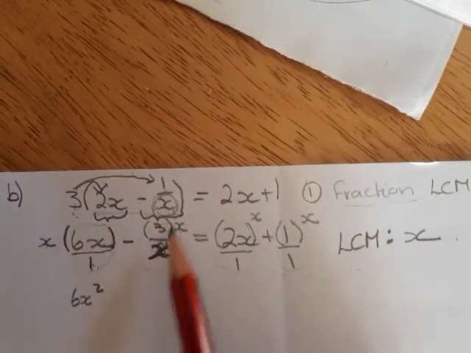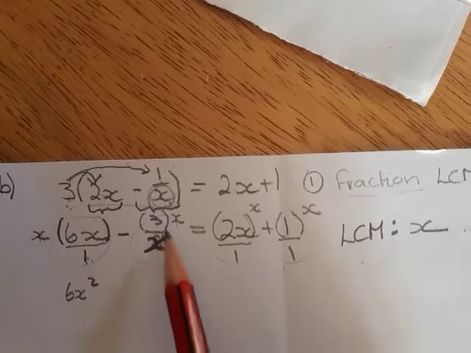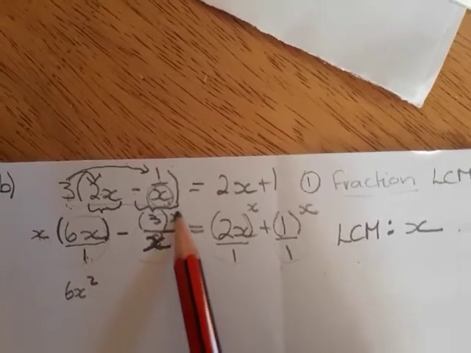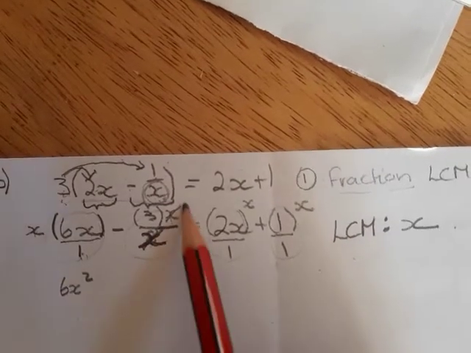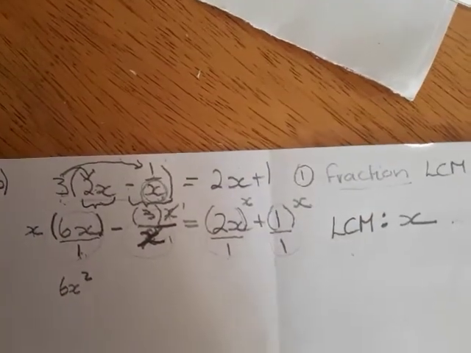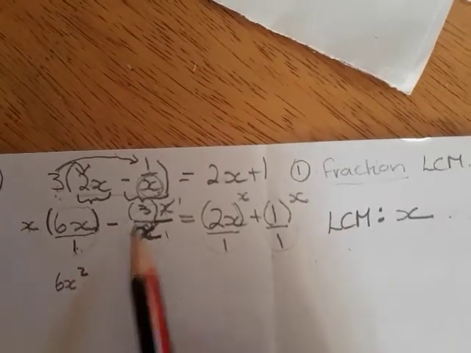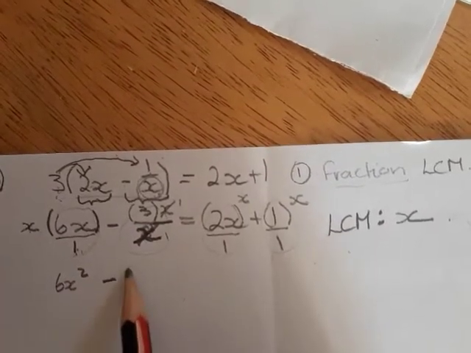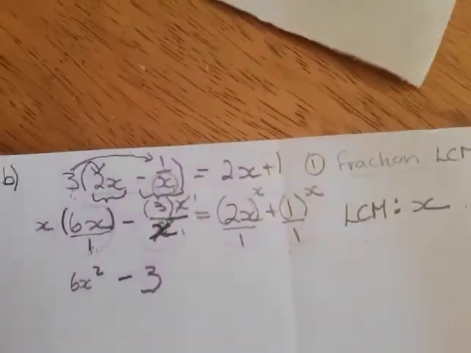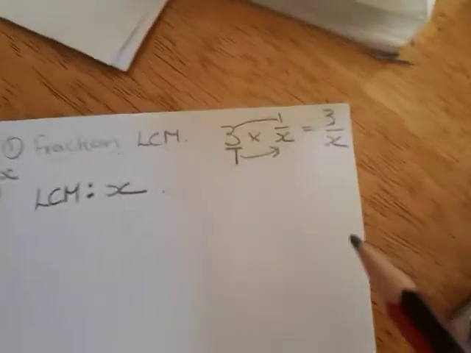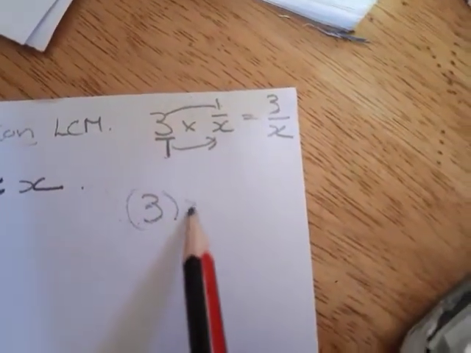Now, if you look at your second term, 3 over x times x. So x divided by x. Remember, if we divide 2 of the same numbers, it gives me a remainder of 1. So if we look at what we have left here, then you've got negative 3 left. Let me just do this slowly again. I will show you here on the right hand side. We've got 3, which we multiply by x, and the 3 has got a denominator of x.